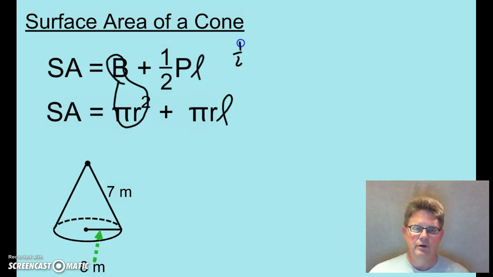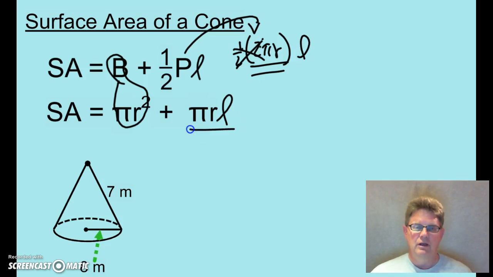The perimeter of a circle is called the circumference, 2 pi r, times the slant height. So that's where the P is. When you multiply 1/2 times 2, those cancel each other out, and you're just left with pi RL. There's the lateral surface area of that cone.